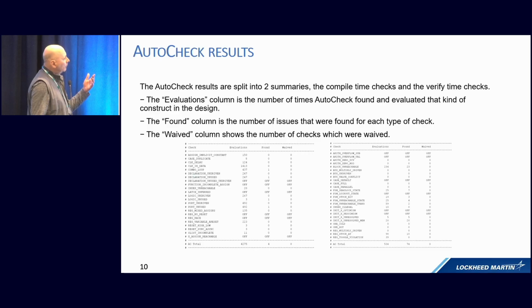So we have a few columns. It shows how many evaluations were done, how many were found, and how many we waived, so we can use the waivers. Maybe I'll focus on FSM lockout state. There were 19 evaluated, and 3 were found as issues that need to be reviewed.